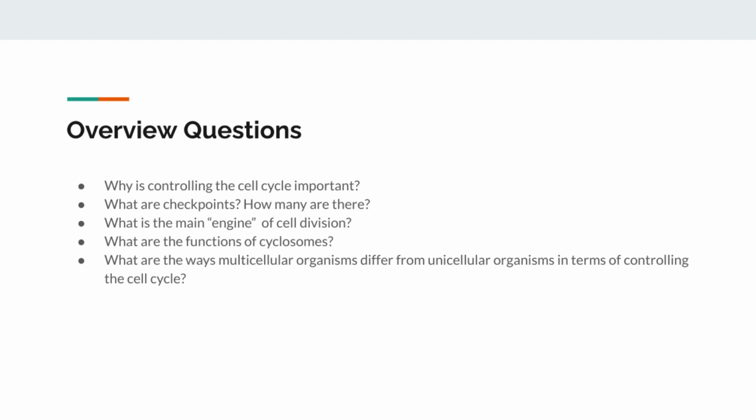CDKs phosphorylate everything, and that phosphorylation is basically what helps to control the cell. It's what mainly controls the cell. What are the functions of cyclosomes? Cyclosomes have 2 functions.